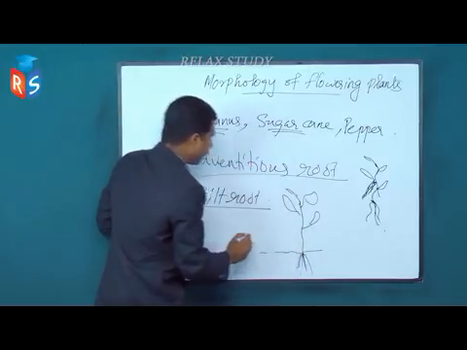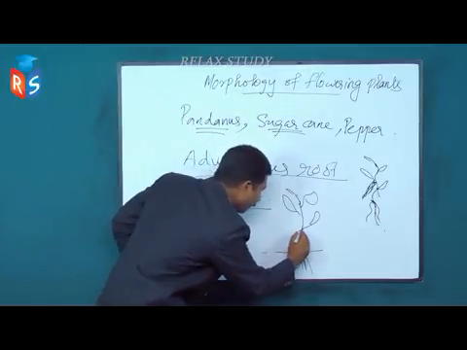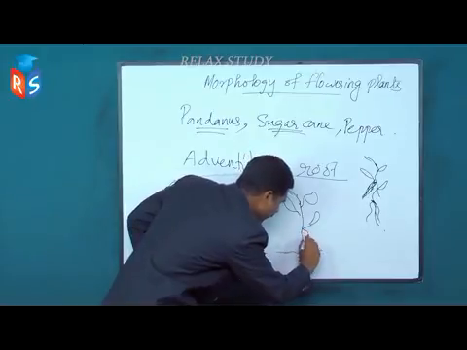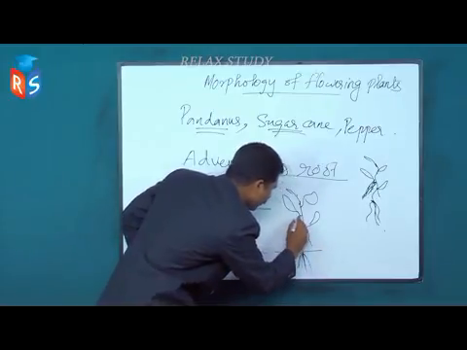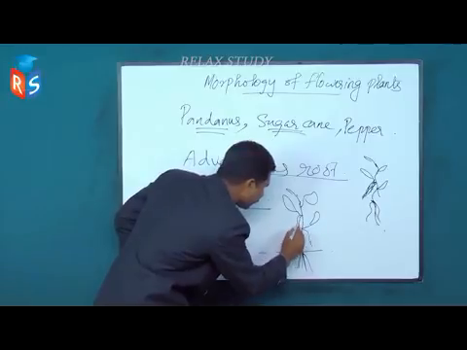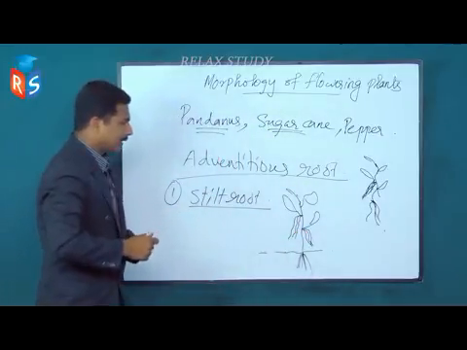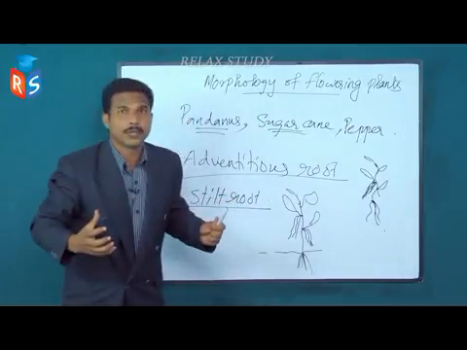Sometimes roots may develop from the node or nodal region of the stem towards down. Its main function is supporting the plant.